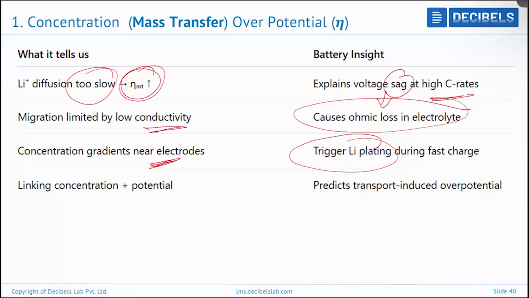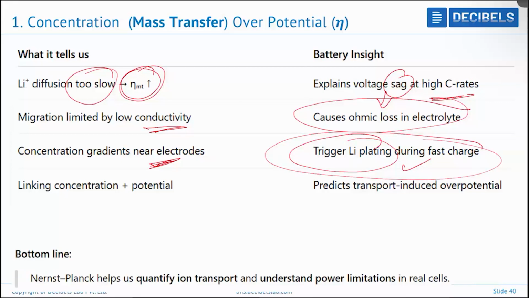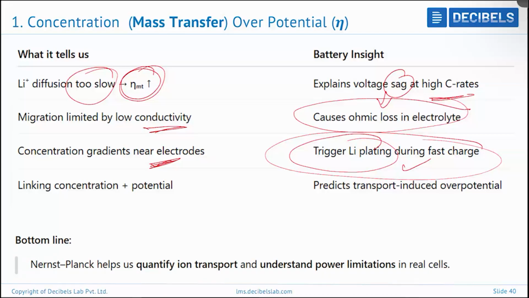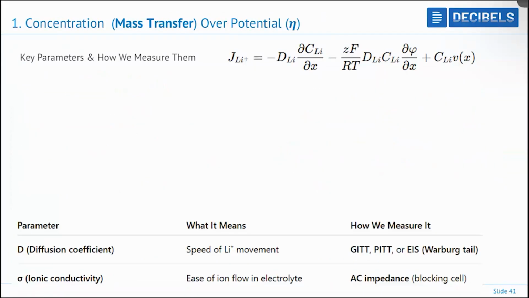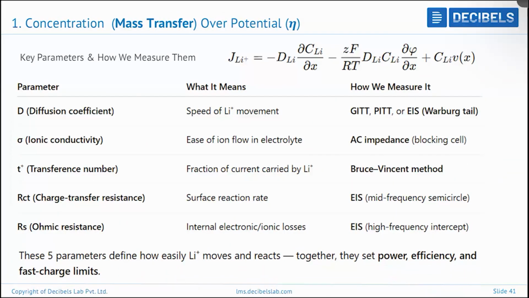Fast charging means you push more electrons, so more lithium starts plating. That leads to dendrite growth and all, and it may also spoil SEI formation. So overall, the understanding is the Nernst-Planck equation helps us to quantify the ion transport and understand power limitations in real cells. Okay, I'll just skip this.